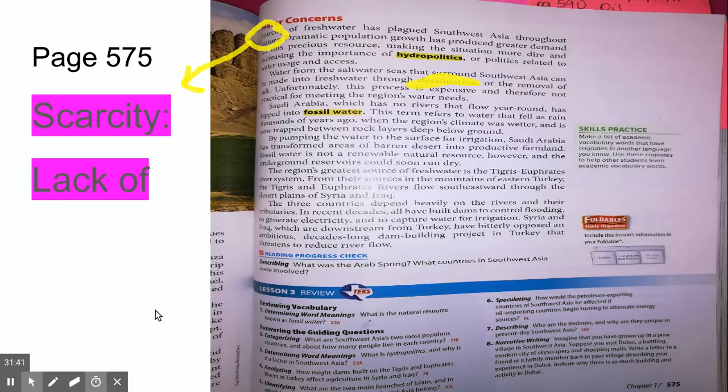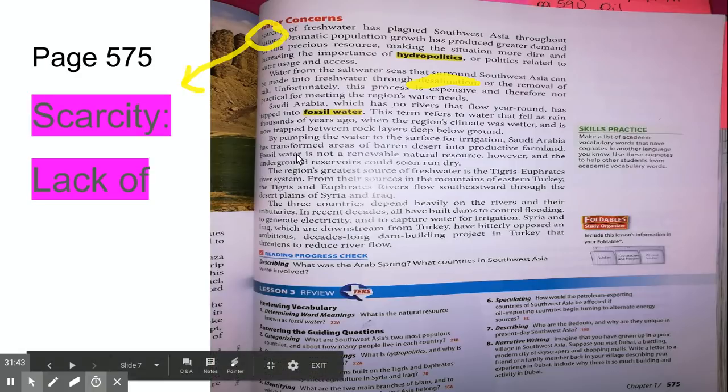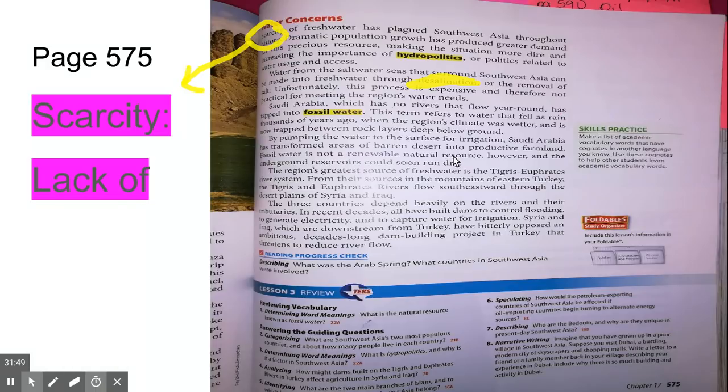Fossil water is not a renewable natural resource because it's just trapped water. Once you pull it out from in between those rock layers, it's going to be gone, okay? Because the climate is now different, so we're not going to have trapped water anymore. So fossil water is not renewable, unlike water in our atmosphere and water in the oceans and in lakes. All of that water is renewable.